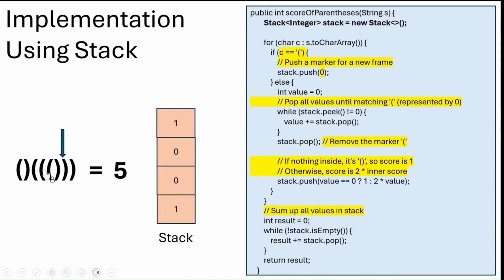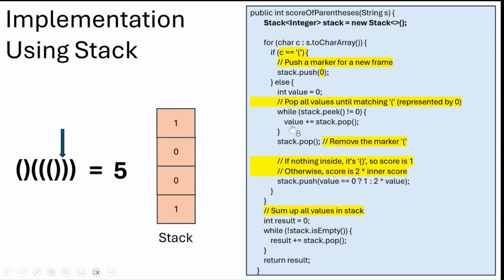Go to the next character, which is a closing bracket. It will again go to the else. Now this time there is no 0 on the stack.peek. It means there was some string before this closing bracket. There was some valid string before this closing bracket, and it is present between this closing bracket and its opening bracket.